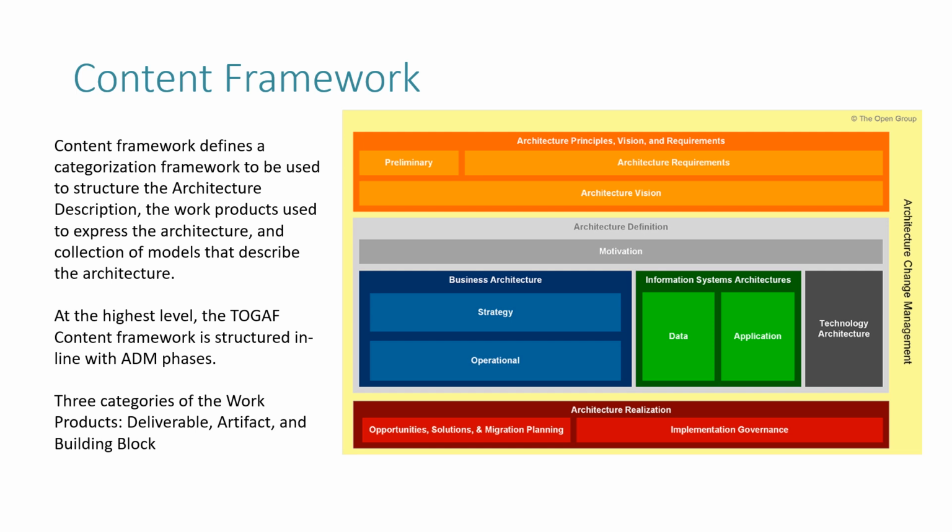It defines a structure which matches the ADM phases and tells what kind of work products, I mean deliverables, artifacts, and building blocks, can be produced in each of those phases.